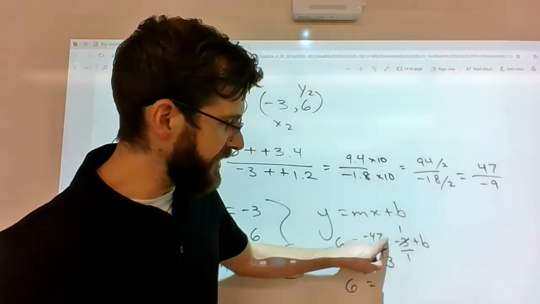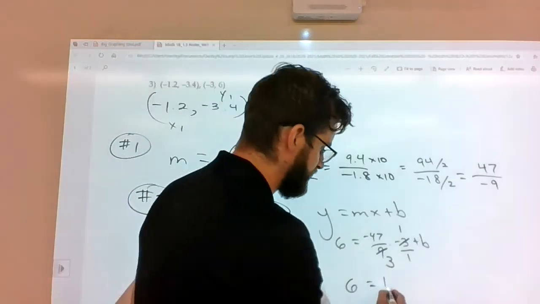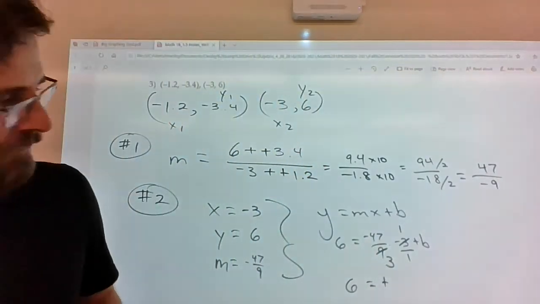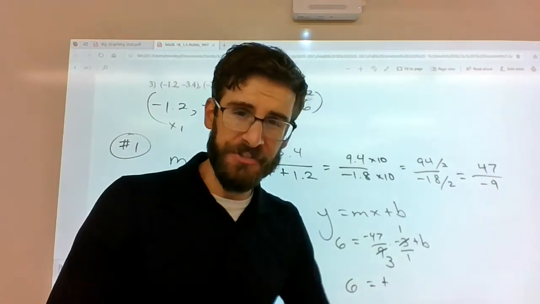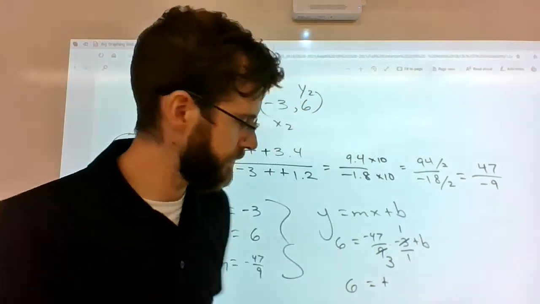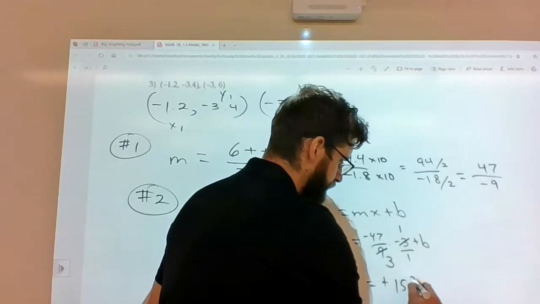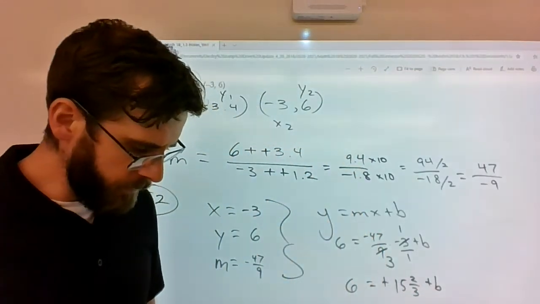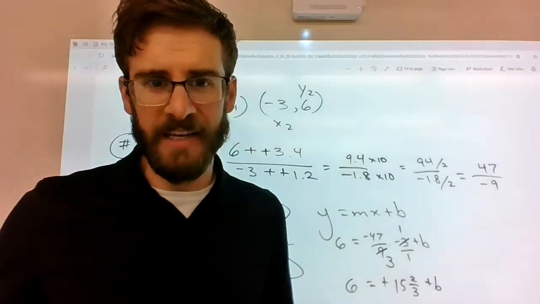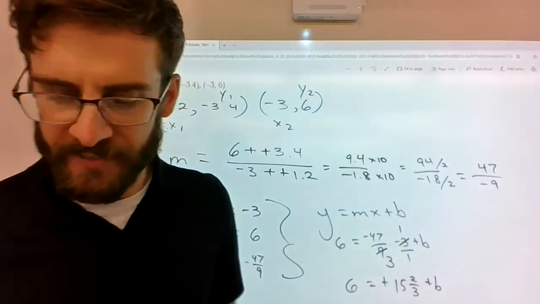So it's a negative times a negative, which instantly changes it to a positive. 47 divided by 3, I'm pretty sure is 15 2/3. But you can also make it a decimal if you want to use the calculator.